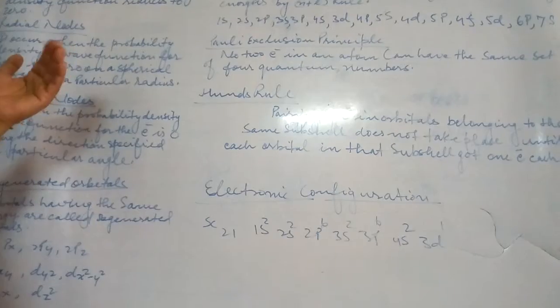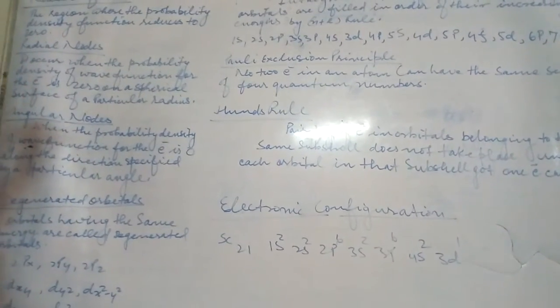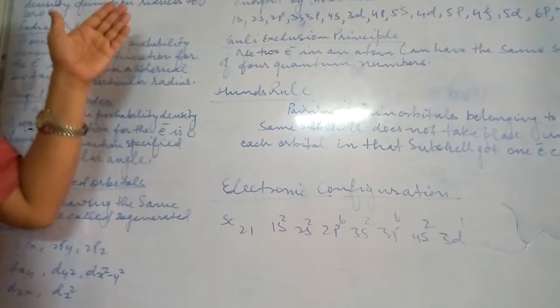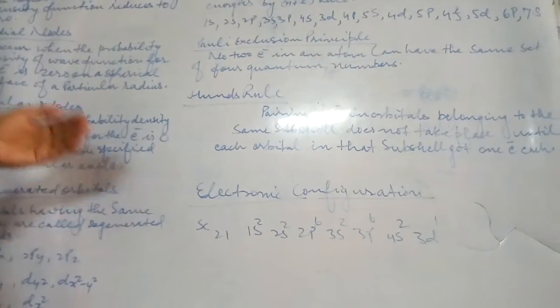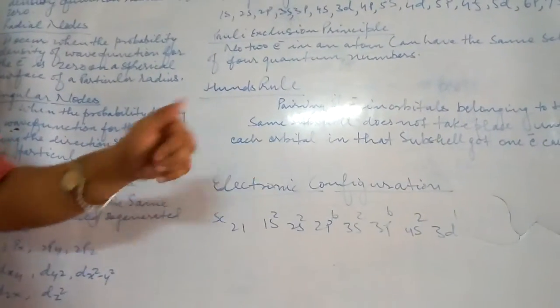The chapter 2, Structure of Atom, is completed. Tomorrow I will discuss the next chapter 3, chemistry for class 11, but at the very last you go through the practice of electronic configuration.